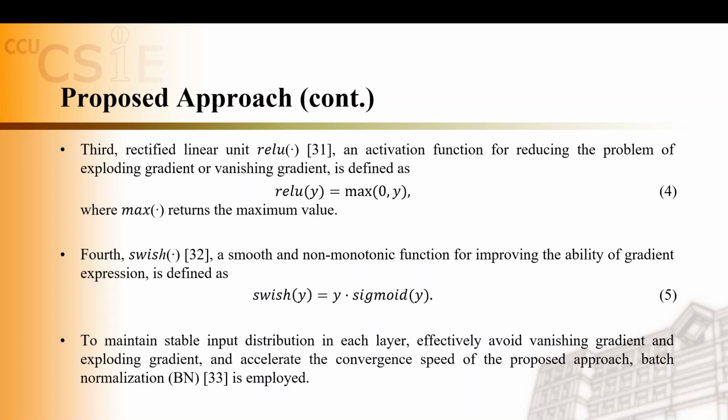Swish, a smooth and non-monotonic function for improving the ability of gradient expression, is defined as equation 5. To maintain stable input distribution in each layer, batch normalization BN is employed.